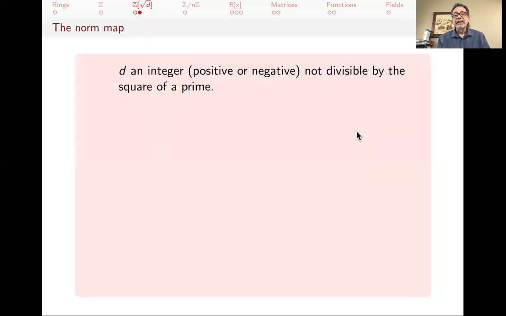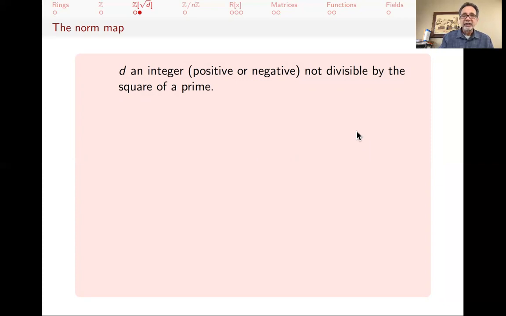Okay, while we're here talking about quadratic integer rings, we want to talk about one map called the norm map that these have. Other rings don't have something quite like this, although there are generalizations to all kinds of other situations. But for these particular quadratic integer rings, we have a norm map that ends up being really important.